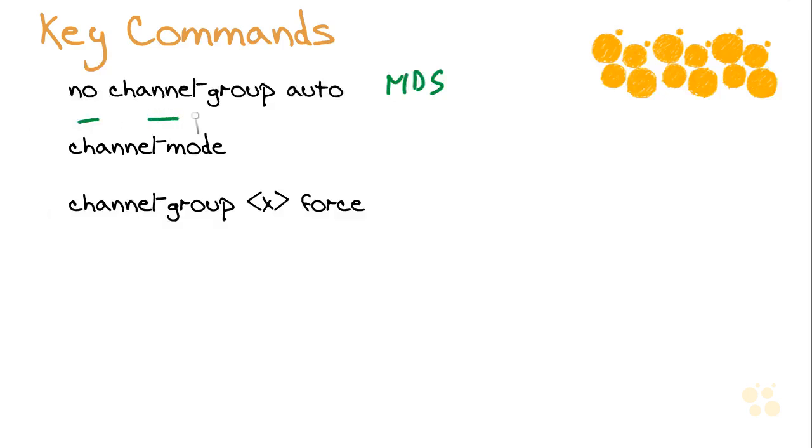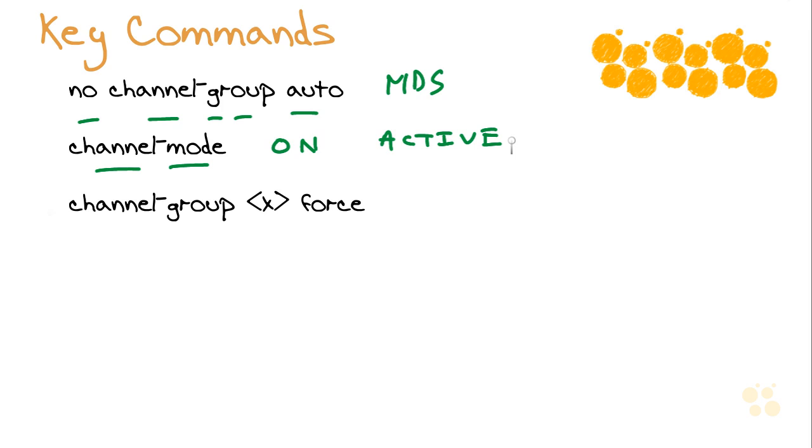So the no channel-group auto command can be used to disable this automatic channel group creation. Something else is indeed the channel mode. So we might have a mode setting of on, and we need to go in and set the mode setting to active in order to form our SAN port channel.